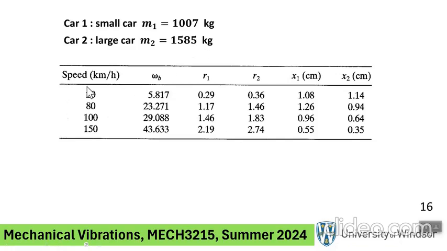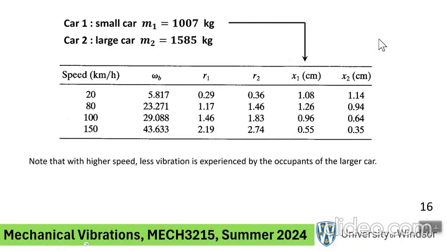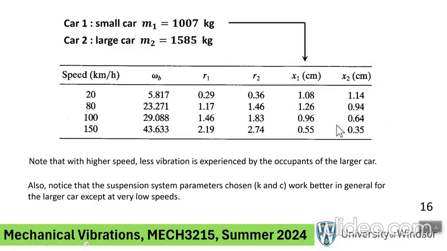Obviously, the same calculation that we did for the first row of the small car can be done for all these other cases. This is the column for the small car, the one that we just did, except that it was 1.1 rounded off. This is for the big car. Notice a couple of things.